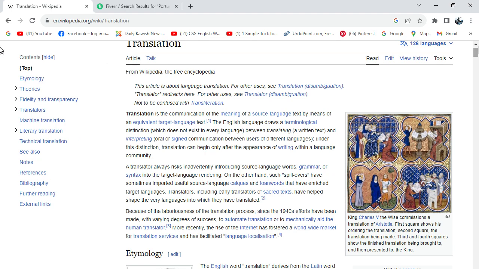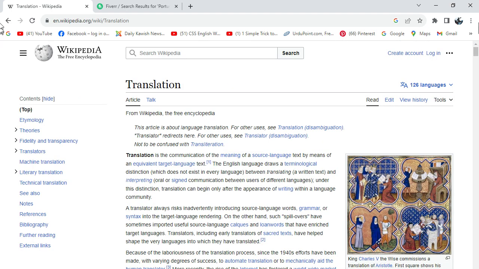Because of the laboriousness of the translation process, since the 1940s efforts have been made with varying degrees of success to automate the translation or to mechanically aid the human translator. More recently, the rise of the internet has fostered a worldwide market for translation services and has facilitated language localization.